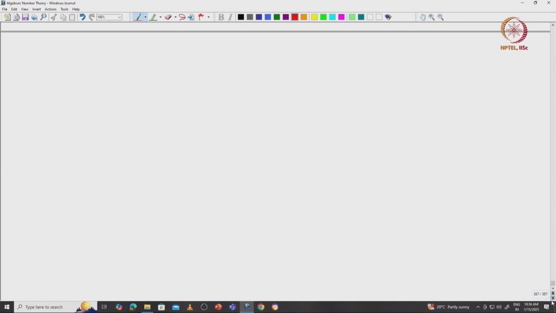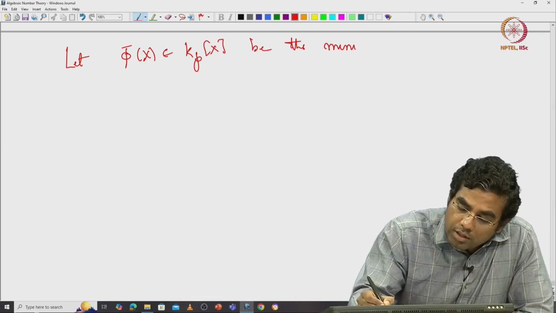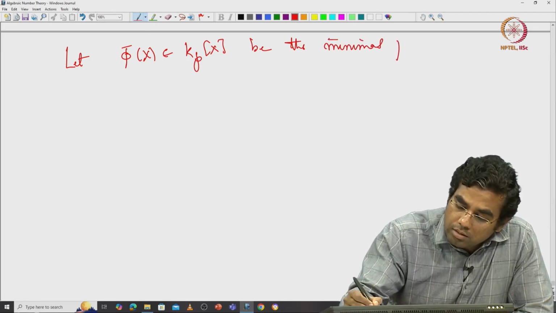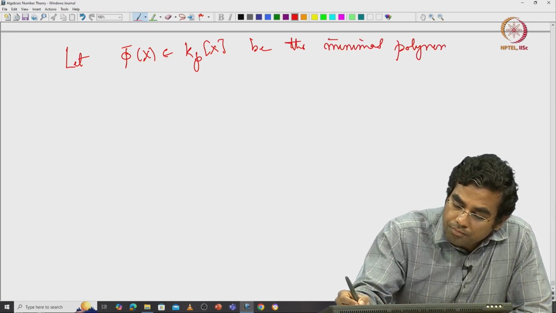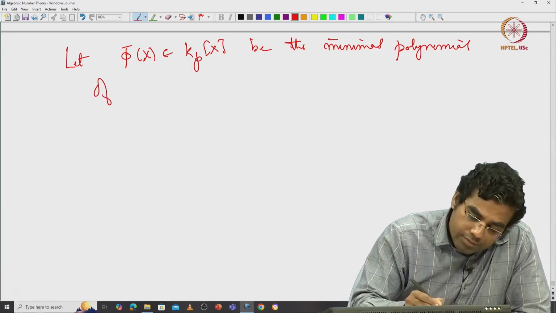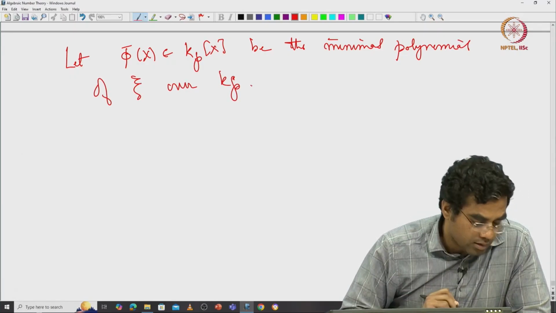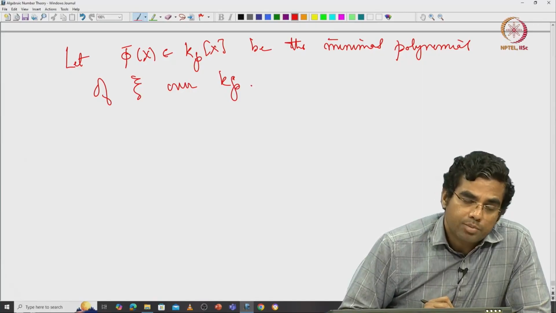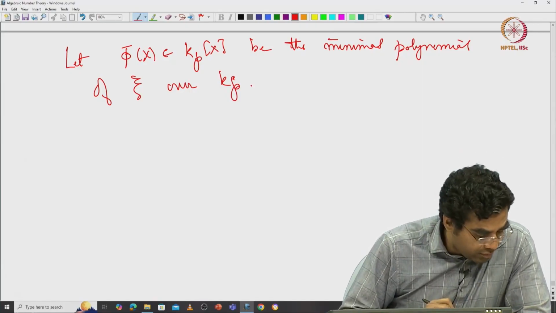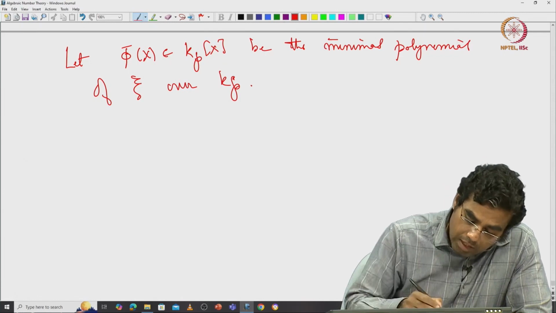Okay, so what I am going to do is the following. Let phi bar of x in K sub small p of x be the minimal polynomial of xi over k sub small p. Right? The xi is algebraic over k sub small p, so it will have a minimal polynomial like that.